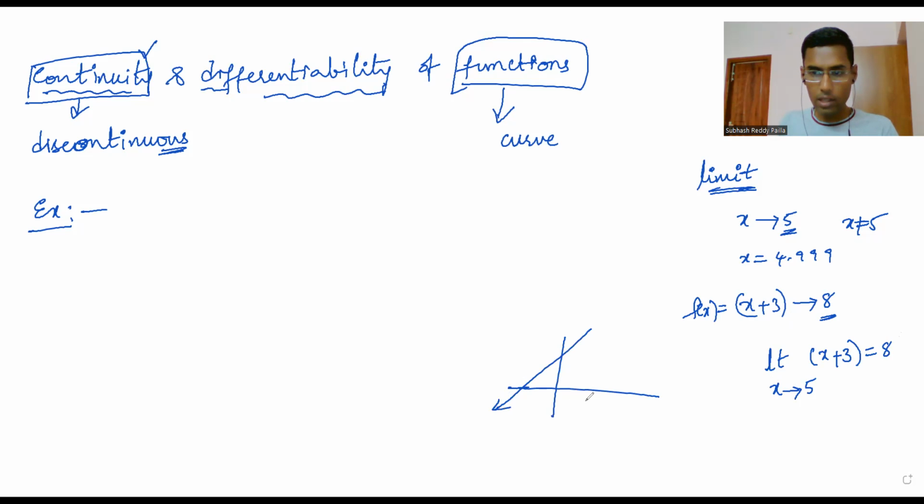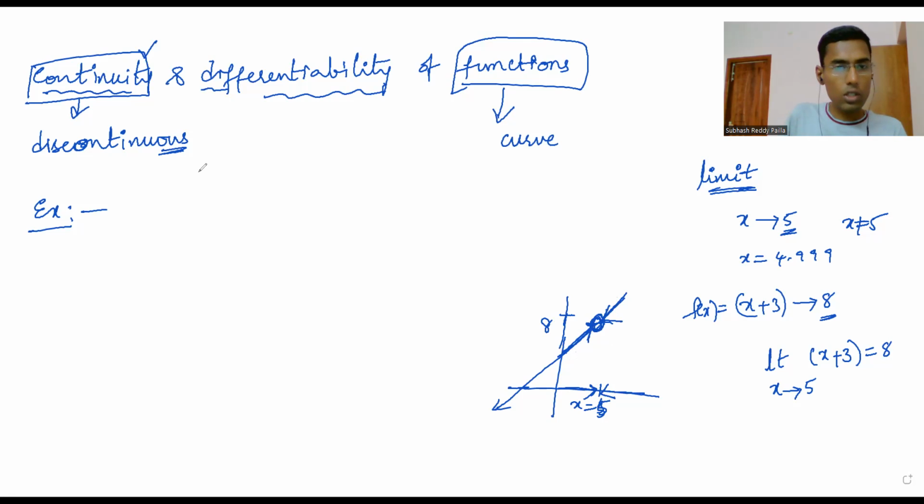I showed that as x is tending to 5, f of x tends to 8, but it doesn't cross 8. If x is tending to 5 from the left hand side, f of x tends to 8 from the left hand side. As x is tending to 5 from the right hand side, f of x also tends to 8 from the right hand side, but it doesn't cross 8. So therefore 8 is called the limit. Obviously that is the meaning.